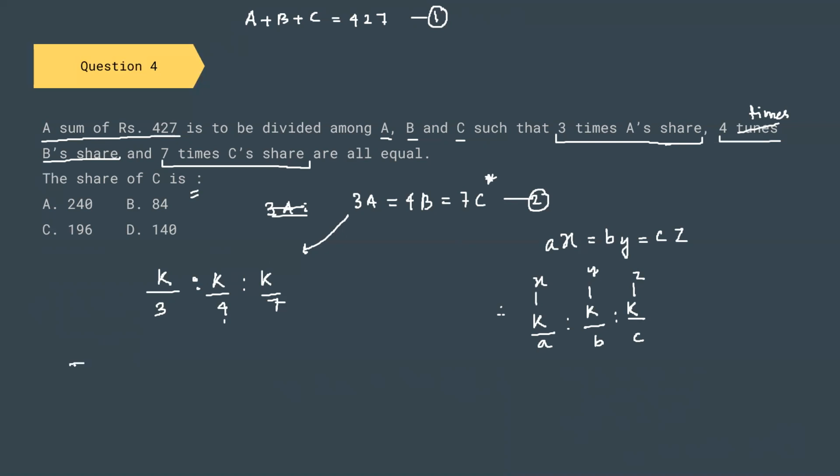In fact, you can also write 1 by 3 is to 1 by 4 is to 1 by 7.